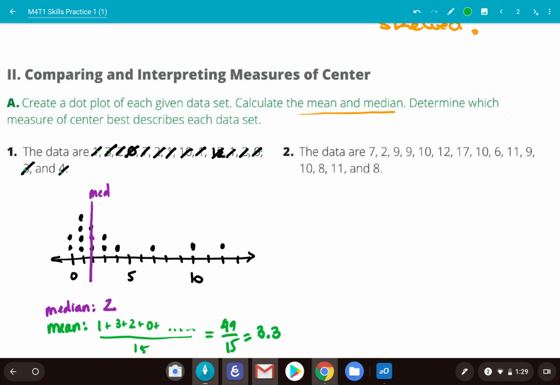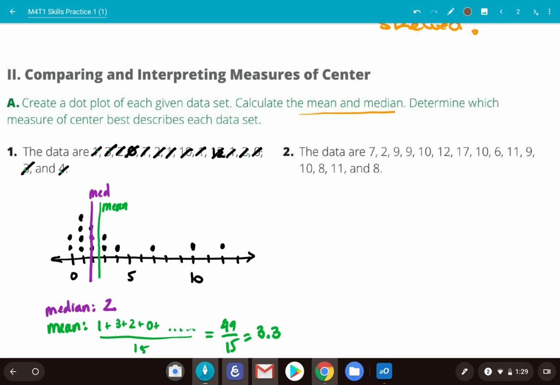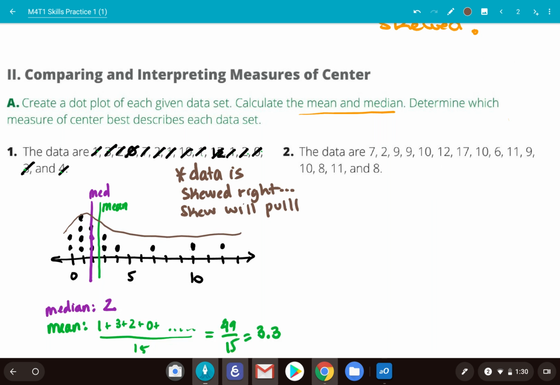So that's going to be a little bit higher, about right there. All right, so our data is skewed. The skew will pull the mean in the direction of the skew.